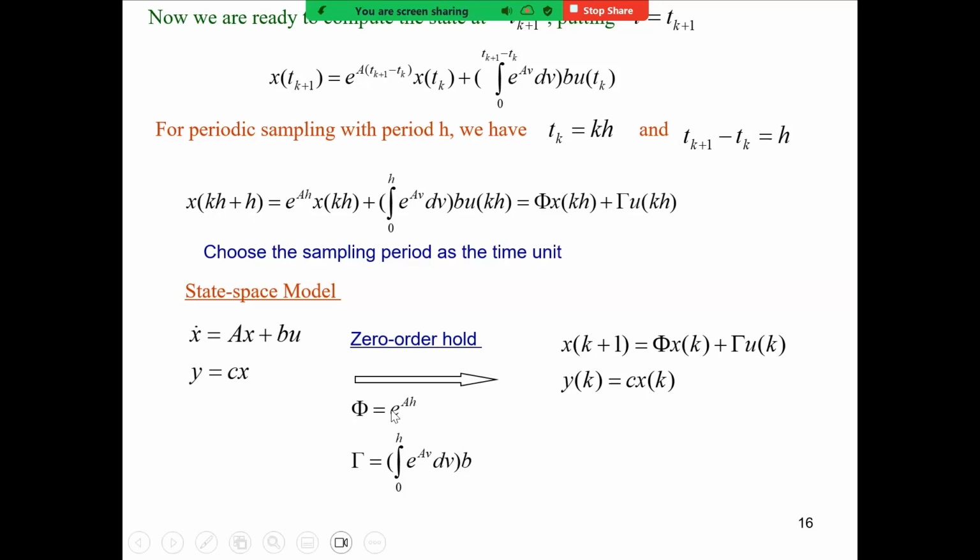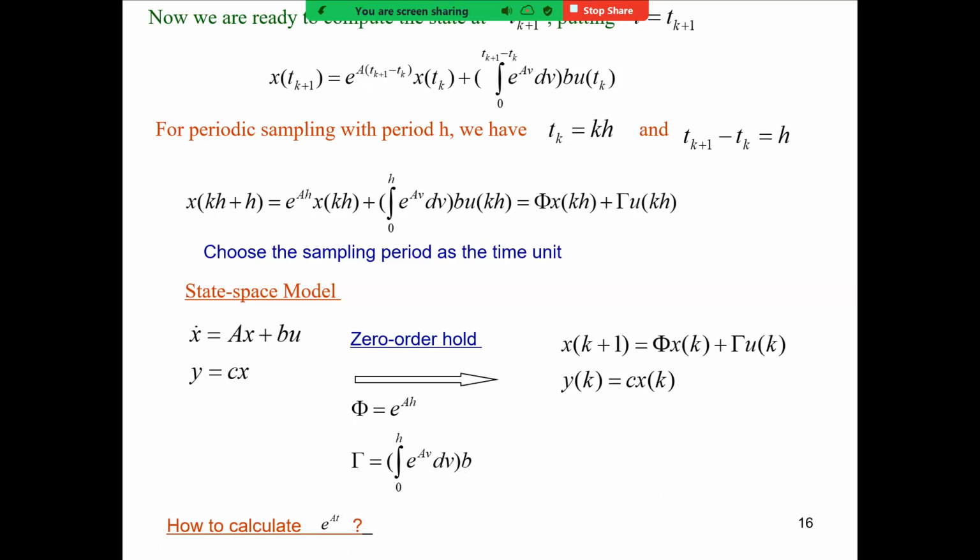You need e to the A t with t equal to h, so you have to know how to compute the matrix exponential e to the A t. I mentioned one way. Do you remember how we compute that?